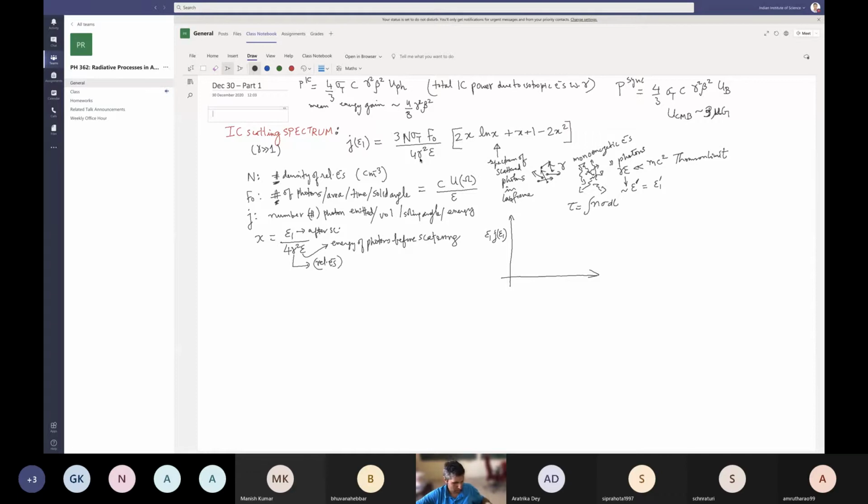So that is what that is. So if we multiply it by epsilon 1, this is proportional to x times (2x log x plus x plus 1 minus 2x squared). This is versus x, let's say, which is equal to epsilon 1 by 4 gamma squared epsilon.